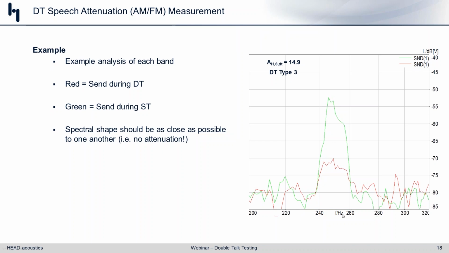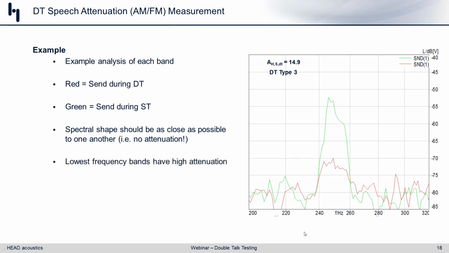And you can see here for the very low frequencies, 250 hertz, we have very high attenuation between the ideal scenario, which is single talk, and the scenario where we did have double talk. Now the device is not sending nearly as much information to us at low frequencies, and so at this particular single frequency, we can classify the device as a type 3. Basically, this would not work for duplexing or double talk.